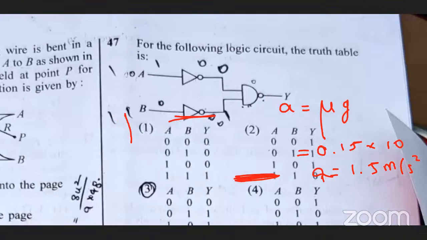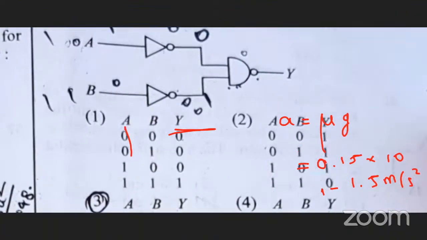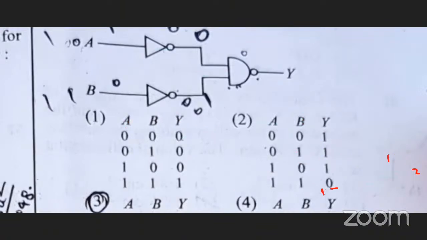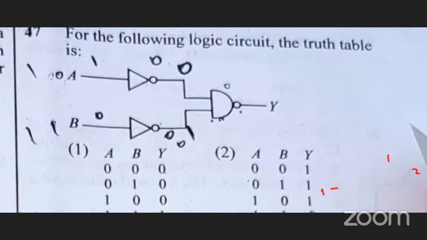Then the 47th question. So here input A, B, we can write the logic gates: 0, 0, 0, 1, 1, 0, 1, 1.